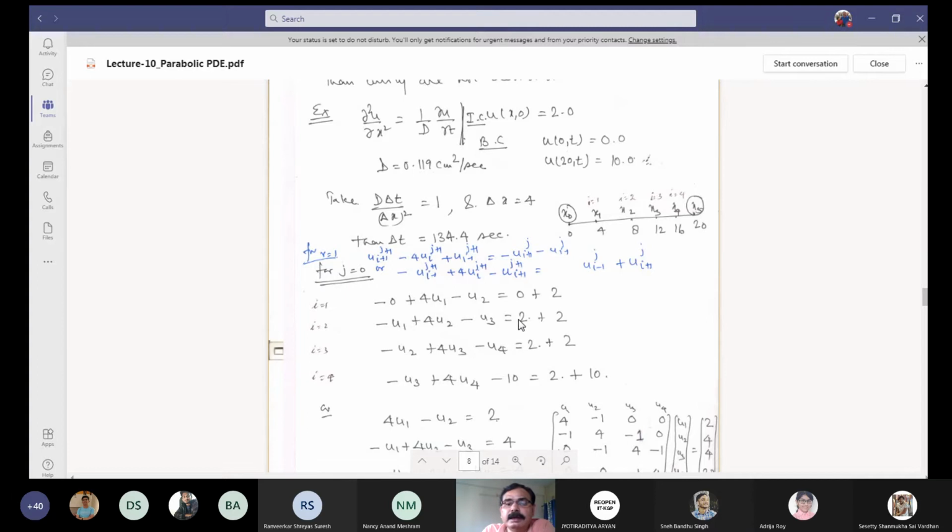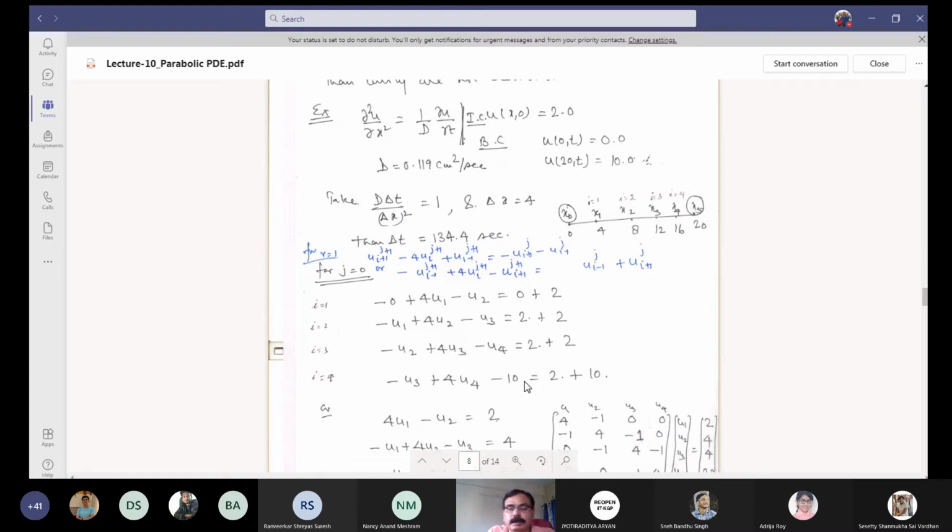Then after that, for I equal to 2, it will be your 1 and 0. 0 means it is the initial condition. So again it is 2. The second variable is I plus 1 means it is 3, 0. Again the initial condition. So 2. So all these variables, 1, 2, 3, they will all be 2. Now we'll move to I equal to 4.